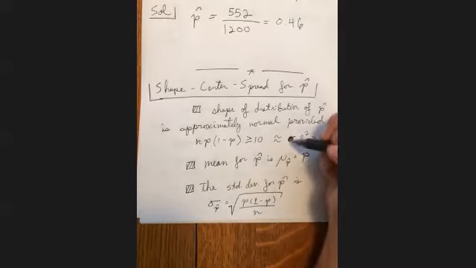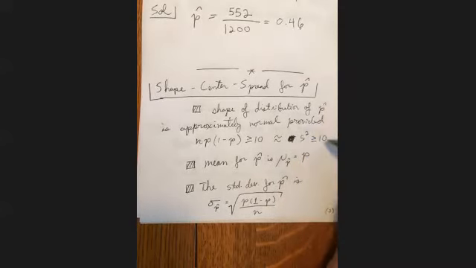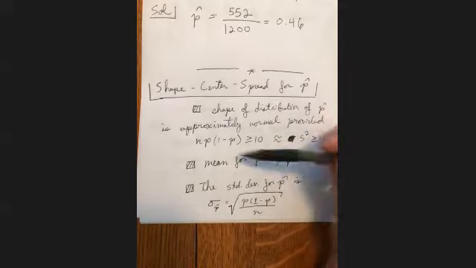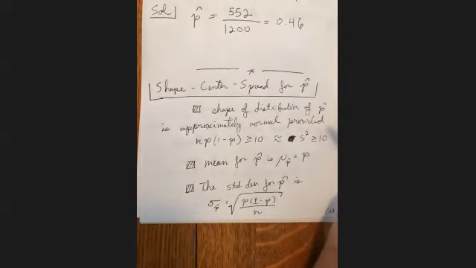So that makes more sense. We put this limit on the variance, which in turn puts a limit on the standard deviation. And as long as the variance is large enough, then we say that the shape of our distribution is approximately normal.